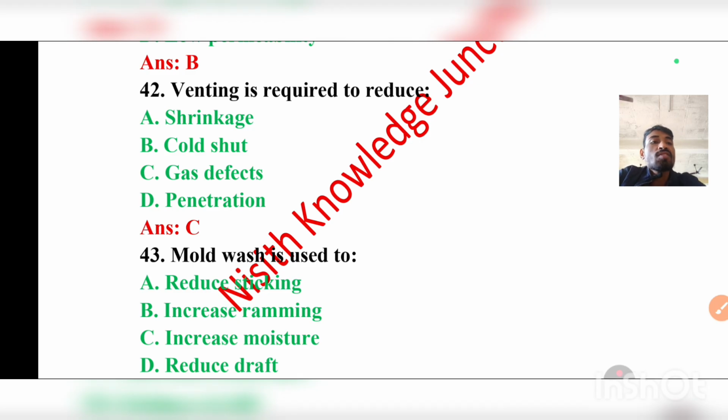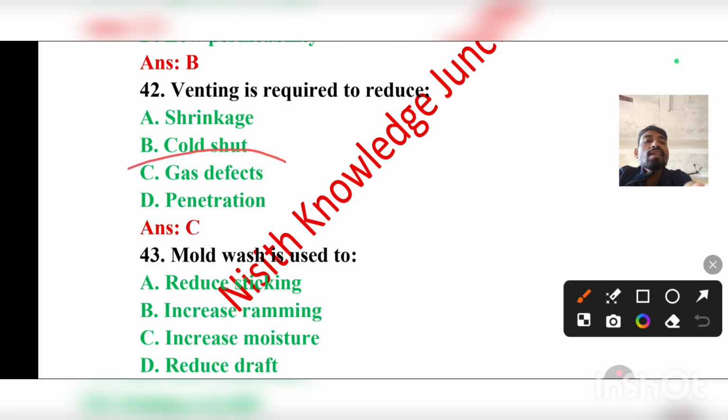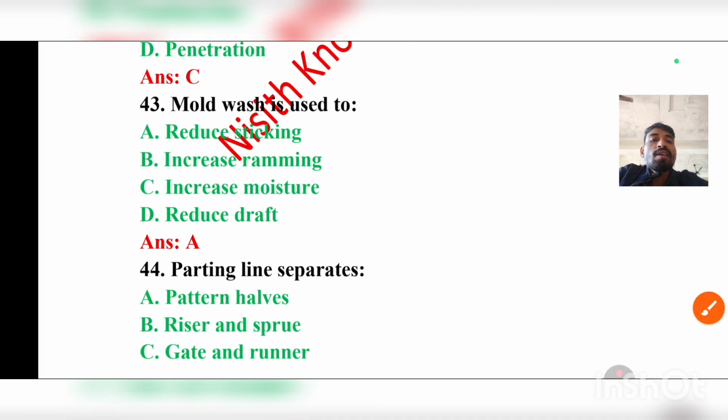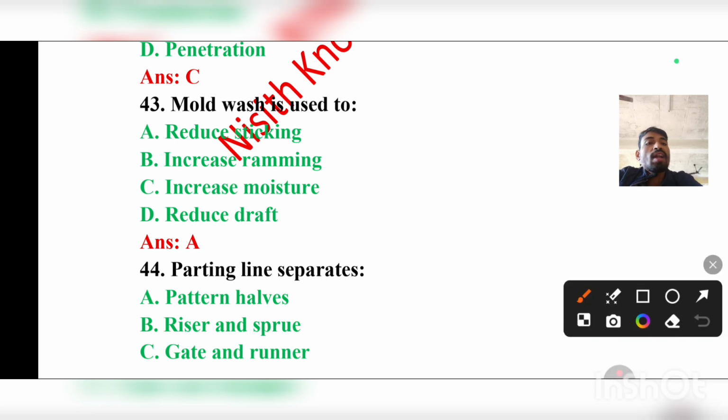Option number C is the right answer, that is your gas defect. Coming to the question number 43, it is asking mold wash is used to reduce sticking, increase ramming, increase moisture or reduce draft. The correct answer is A, that is reduce sticking.